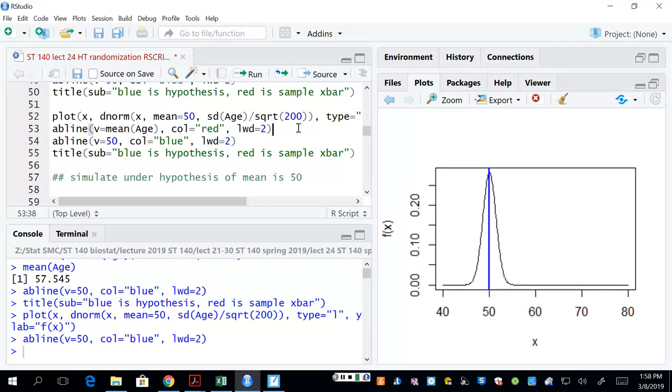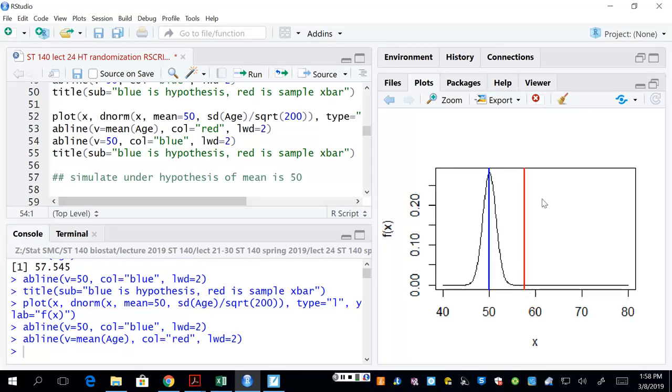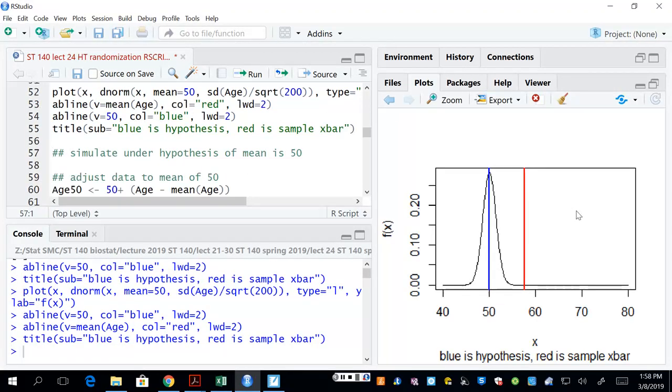Where does our x bar actually show up? Our x bar actually shows up over here at this red line. So does our claim that the average is 50 look like a reasonable claim at this point? X bar looks kind of far away from this.